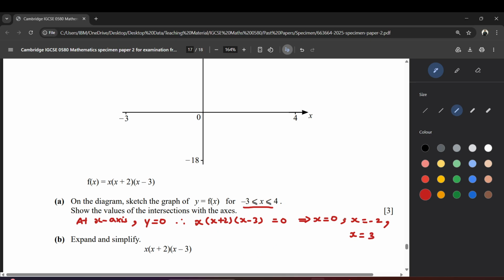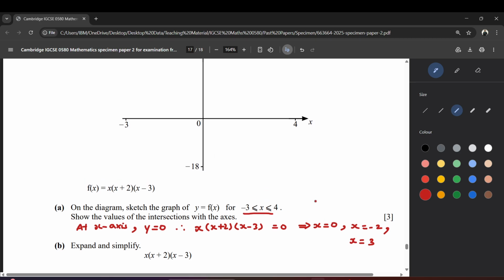So these are the x coordinates of the x intercepts, the points where the graph is going to cut the axis. So let me mark them. My coordinates will be (0, 0), then (minus 2, 0), and then (3, 0). So this is one of the points.